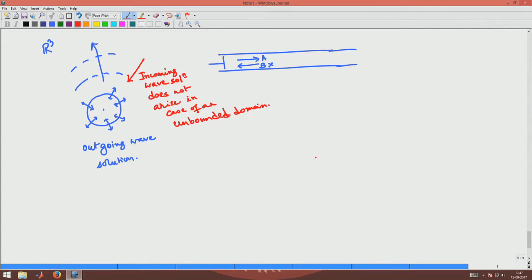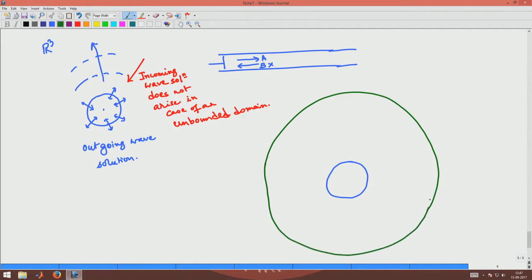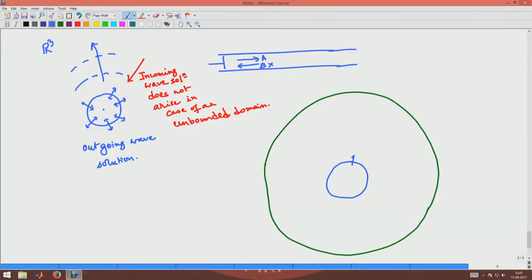However, if you contemplate a slight complication of the same problem, you have a pulsating sphere, but this time it is residing in a spherical cavity. You have a spherical room in which you are doing this experiment. The sphere is pulsating as before, leading to spherical wave propagation.